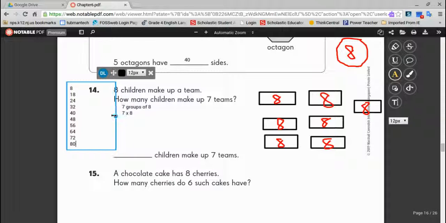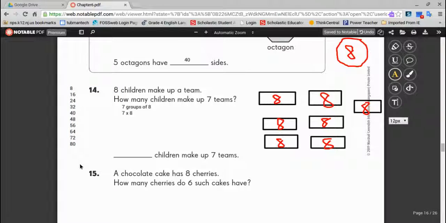Alright, if you don't know how to write your 8 multiples, my suggestion would be to draw 8 circles and then start counting 8s to write down your 8 multiples.